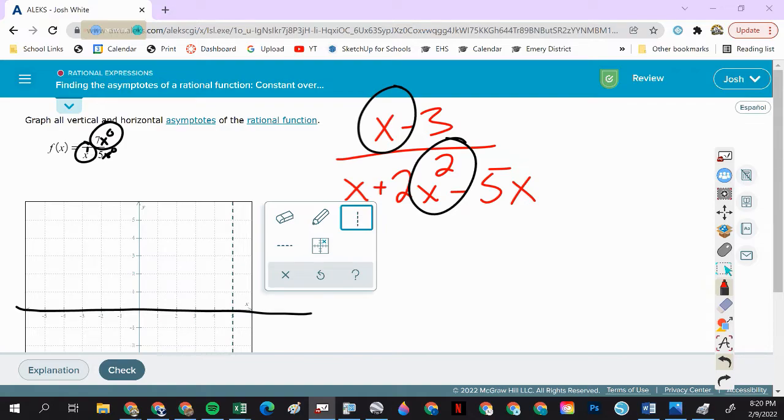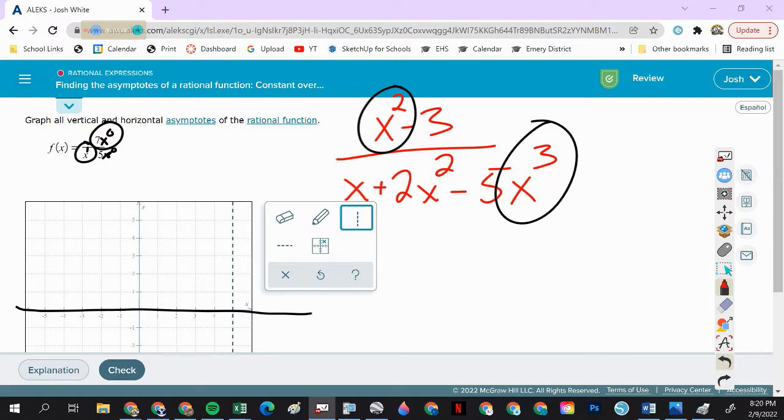The bottom is stronger than the top, so the HA is at 0 every time. Now that would also be true if, let's say, the bottom was x³. So here is the strongest one, and the top has an x². x³ on bottom is more powerful than x² on top, so the HA is the x-axis.